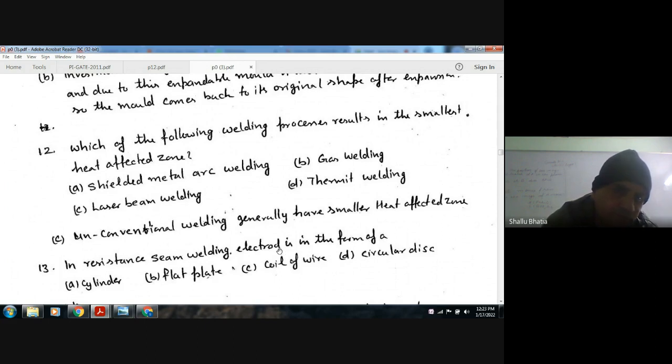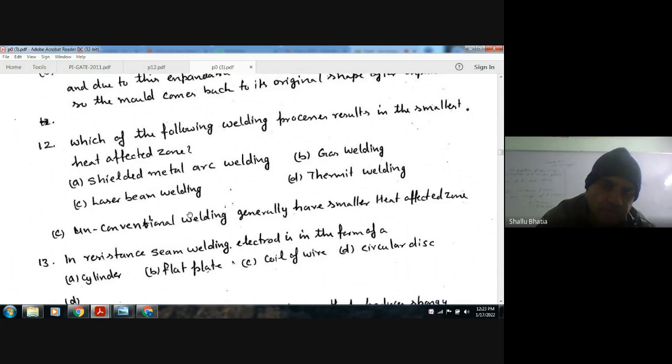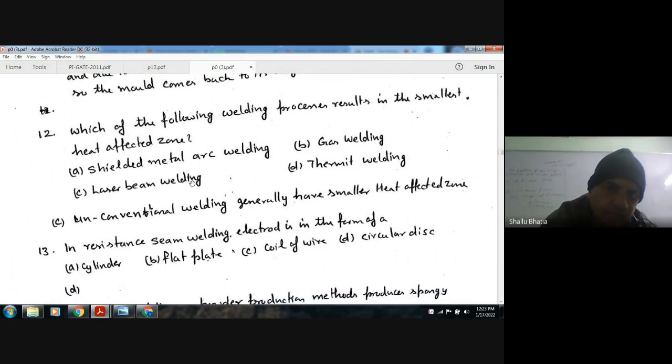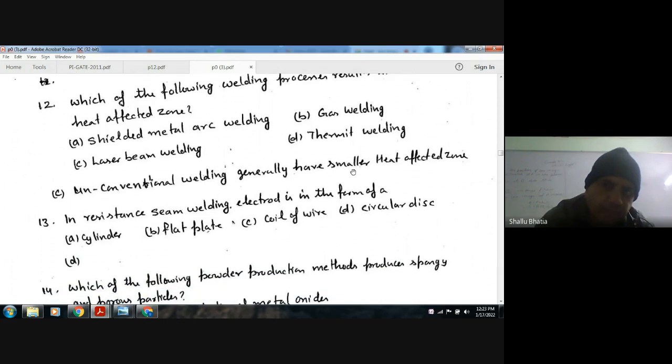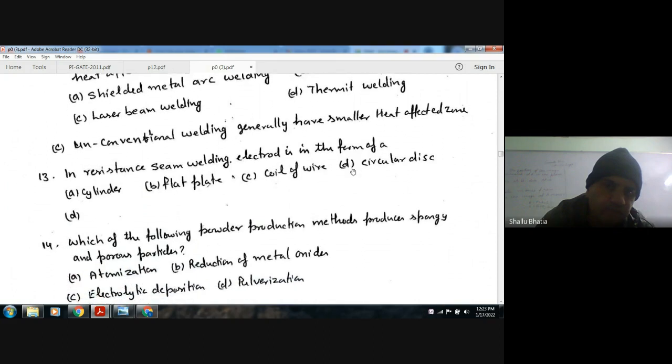In unconventional processes, a very small temperature rise is required, so it has a smaller heat affected zone. So answer is your C. Laser beam welding has a very small heat affected zone. All other arc welding, gas welding and thermal welding involve higher temperature and a higher heat affected zone.